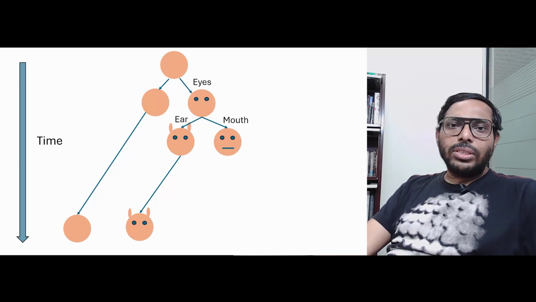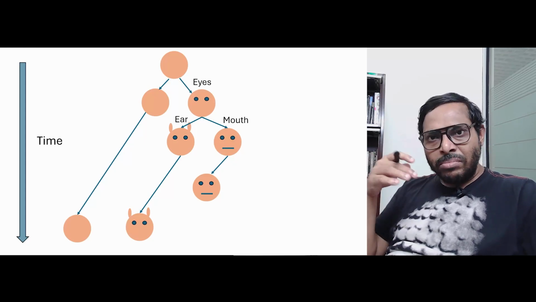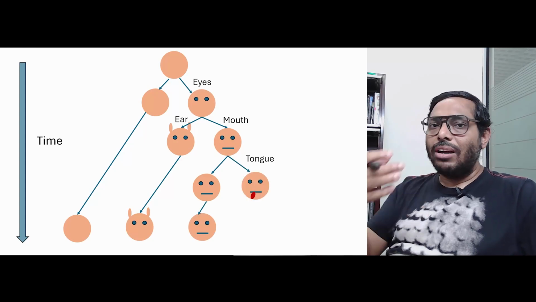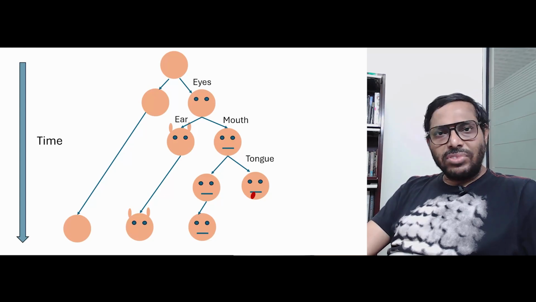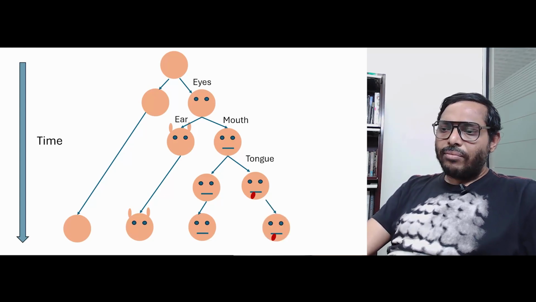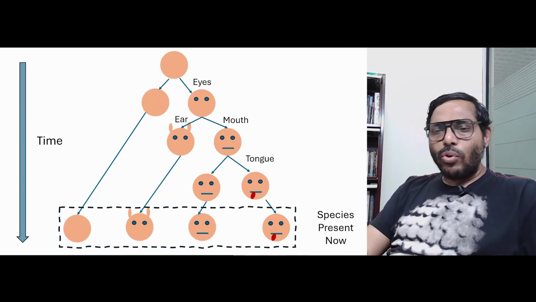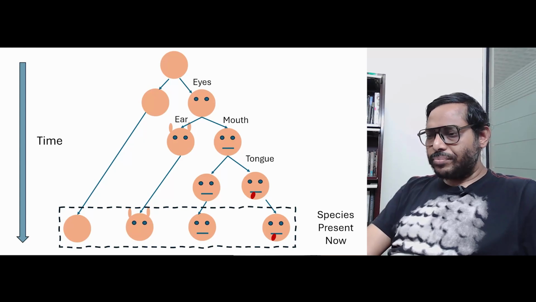And let us say the process continues, and at some point this one which has a mouth splits into two. One of them just continues the ancestral state of having a mouth, whereas the other one adds a tongue to this. And let us assume, just for the sake of discussion, that this group now stays as it is. So, finally, if you look at the present times, you have 4 species which look somewhat like this.